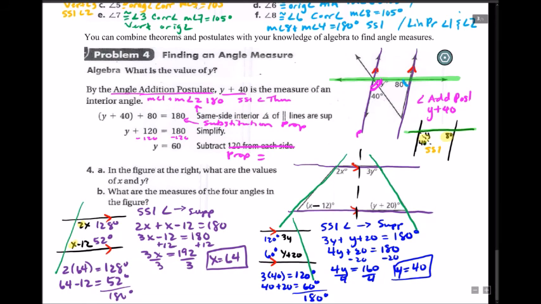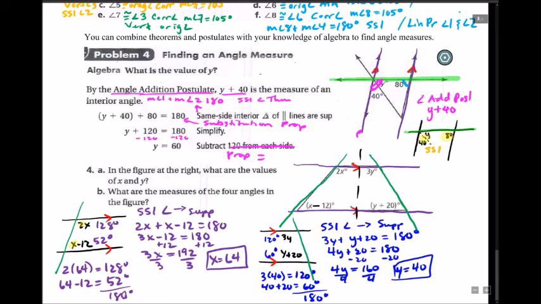So I knew that I could just simply add the two angles together to equal 180. I solved for x and then substituted x back in, and I got 128 degrees and 52 degrees. And if I check this, yay, that adds up to 180 like it's supposed to.